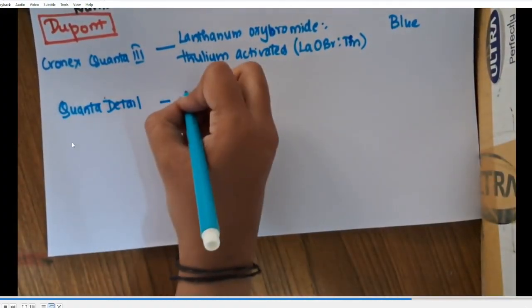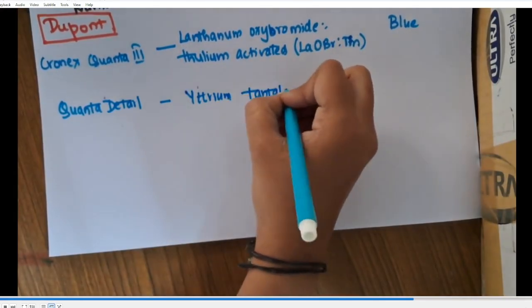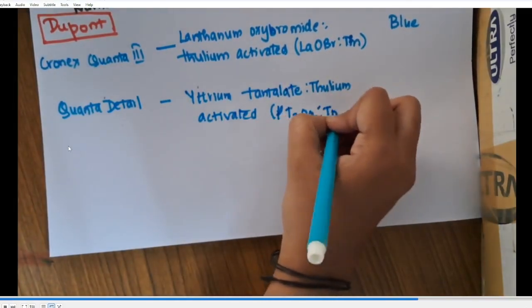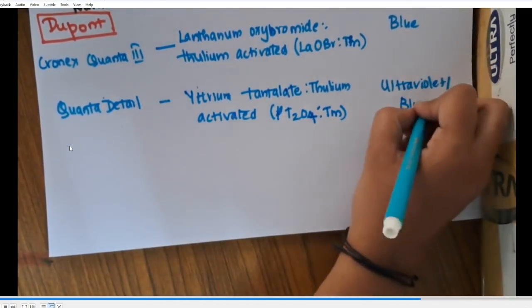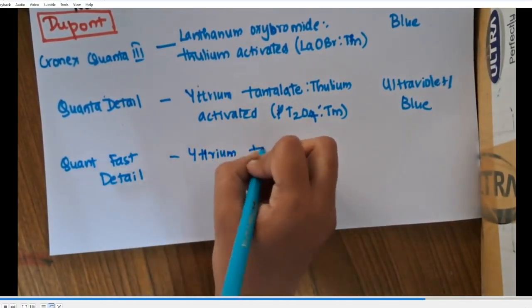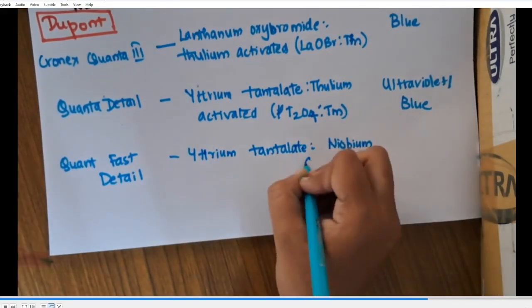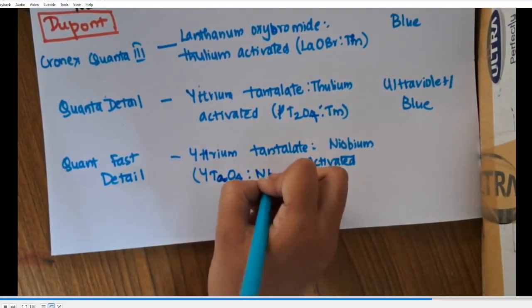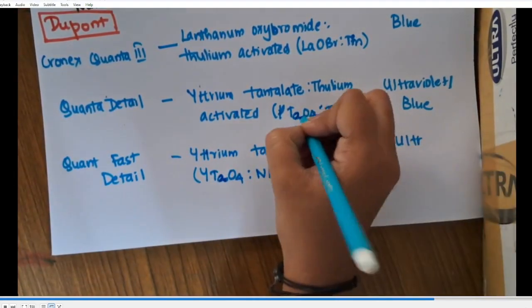Then Quanta Detail contains yttrium tantalate, thulium activated, emitting ultraviolet or blue light. Quanta Fast Detail contains yttrium tantalate, niobium activated, emitting ultraviolet blue light.